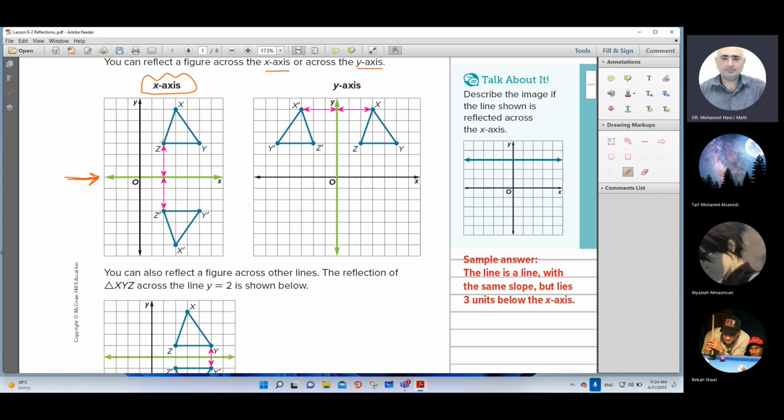The distance from Z to the x-axis is 1, 2, 3, the same distance from Z prime to the x-axis, 1, 2, 3.